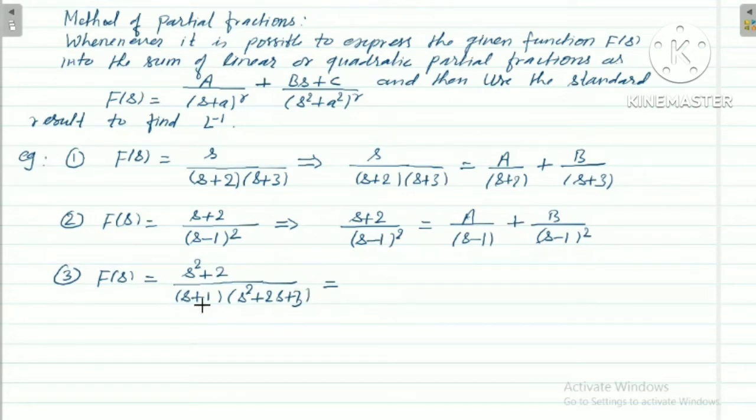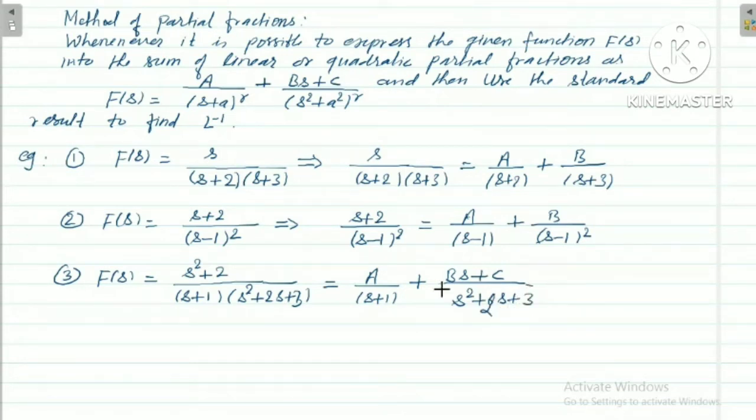So how to express this as a partial fraction? We first express the partial fraction here. Write one a upon linear, s plus 1 is the linear, so we write here s plus 1. Okay, and plus, for quadratic के लिए आपको a factor यूज करना पड़ेगा, bs plus c and divide by what, a denominator, that is what, s square plus 2s and plus 3.